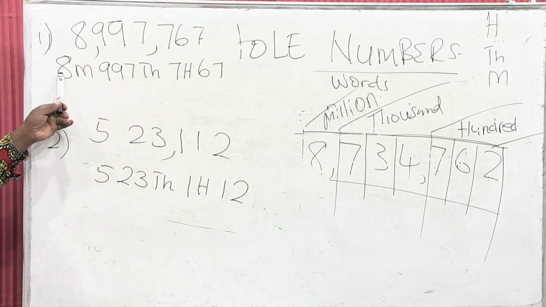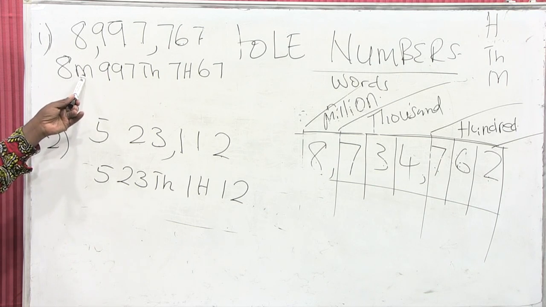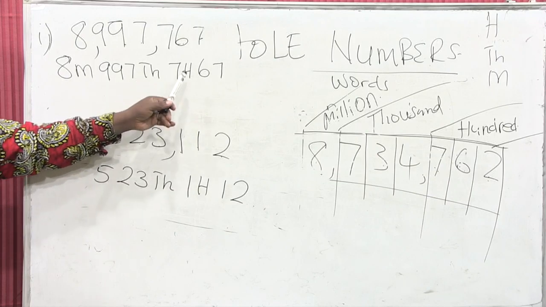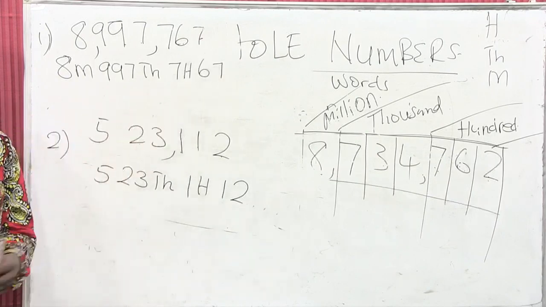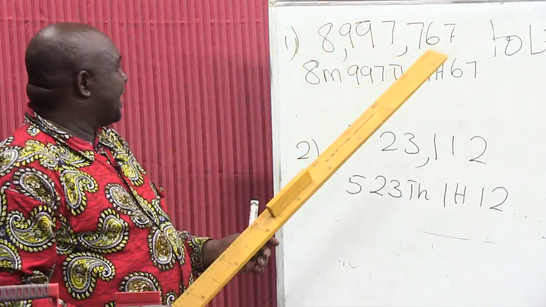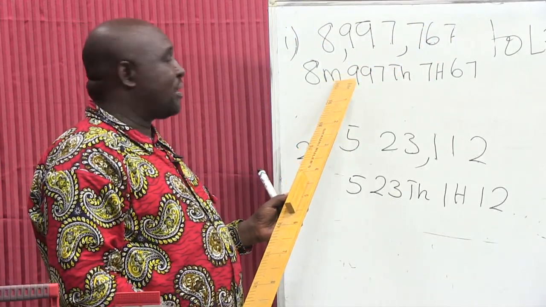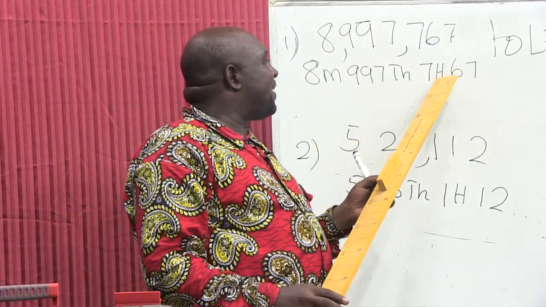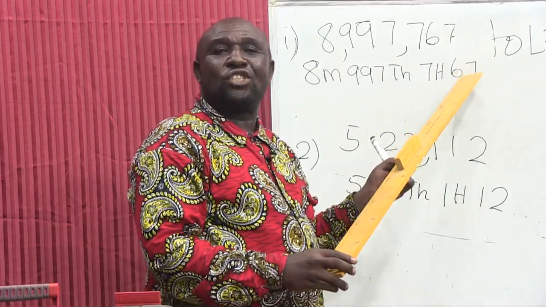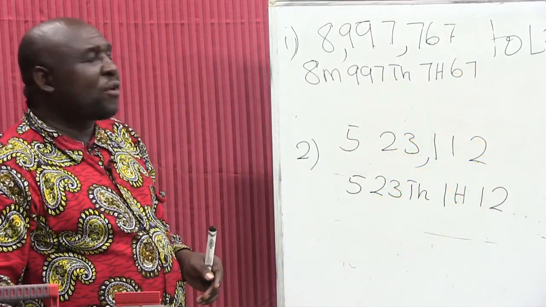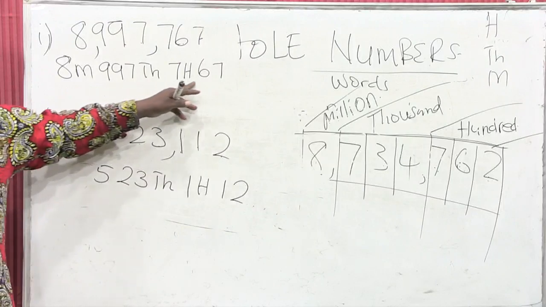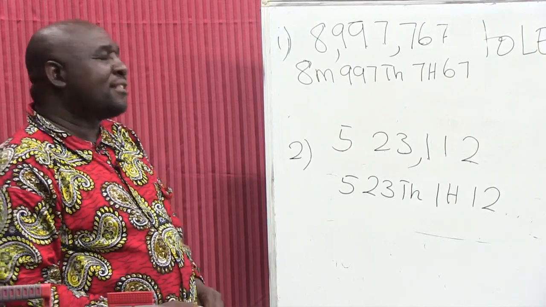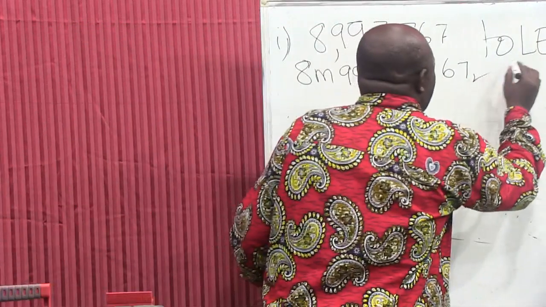It is 8,997,767. Very easy. Did you write like that? And did you read like that? If yes, then you have mastered that concept.